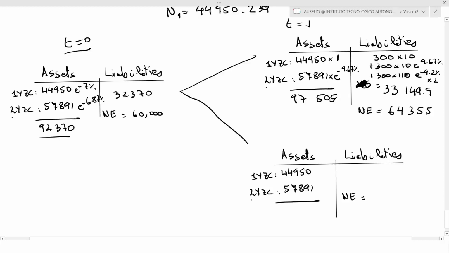Now we do exactly the same thing for the down scenario. So this is times 1, this is times e to the minus 4.33%, and then we get here 100,388.51.